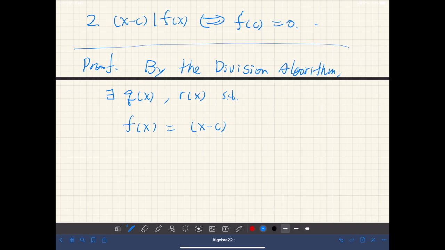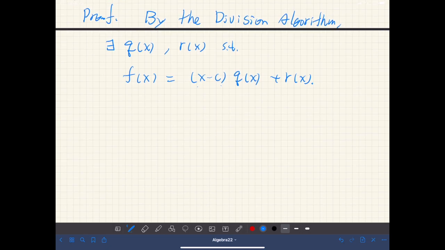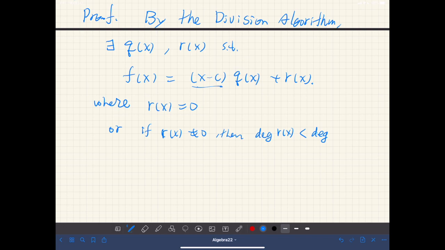Of course, x minus c is a polynomial, so we can apply the division algorithm. Where r of x is either 0, or if r of x is non-zero, then the degree of r of x is less than the degree of x minus c, which is 1.